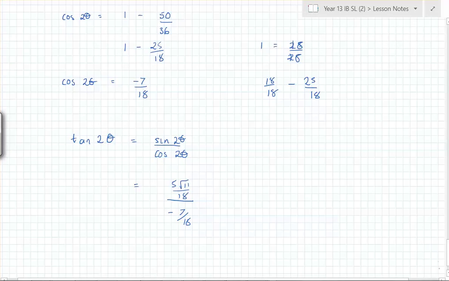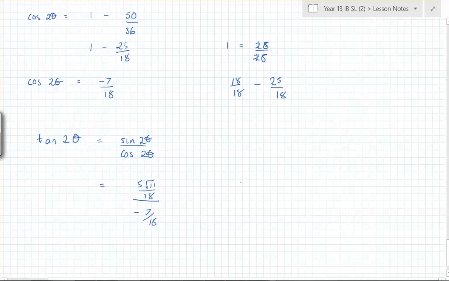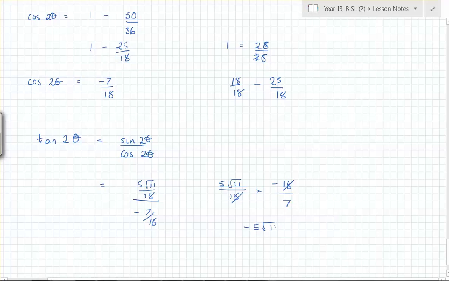And again, just from basic rules of fractions, we do 5 root 11 over 18 multiplied by minus 18 over 7. So dividing by the fraction, we multiply, and then the 18 becomes 1, so we end up with minus 5 root 11 over 7.